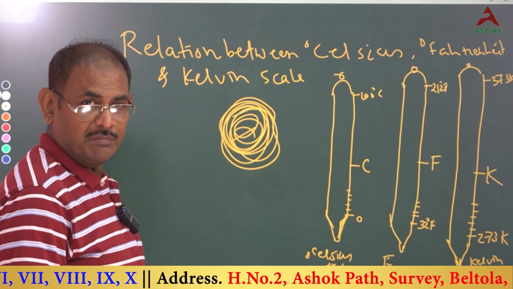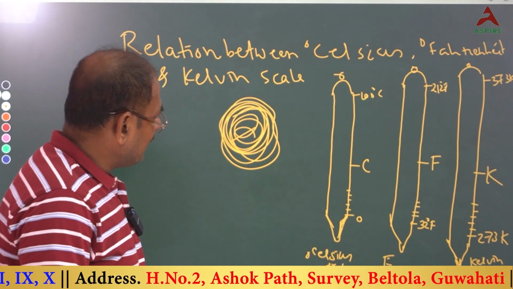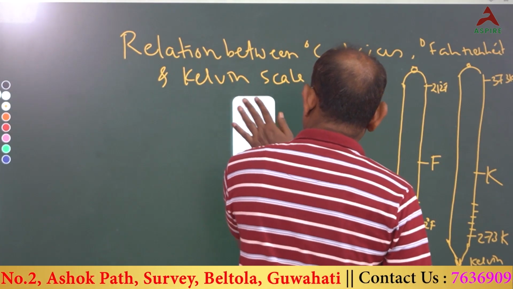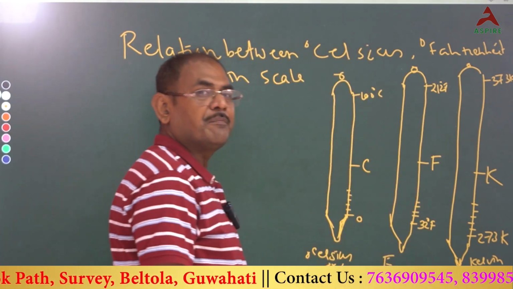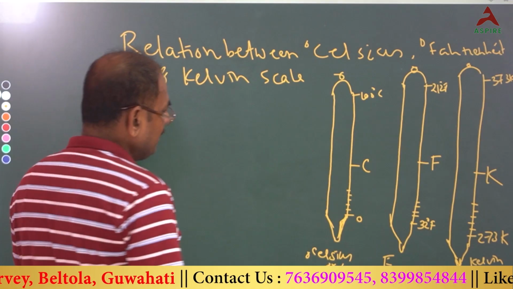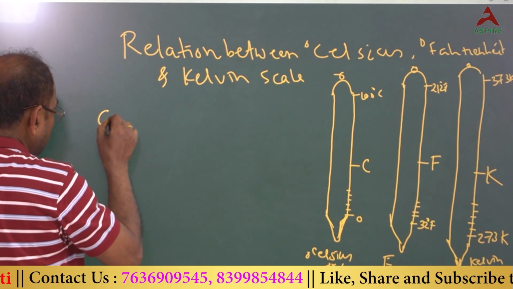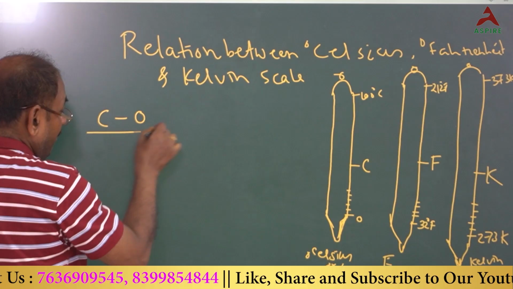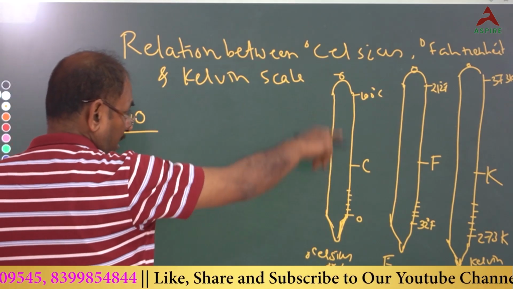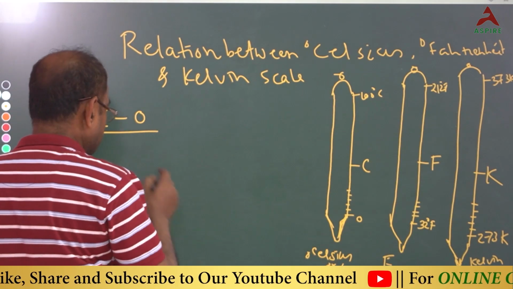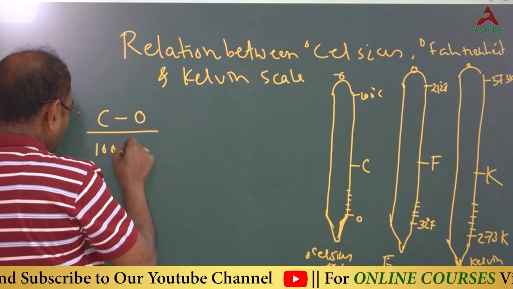The reading per division will be the same. For the Celsius scale, it is C minus 0 by the total number of divisions, that is upper scale minus lower scale, 100 minus 0.